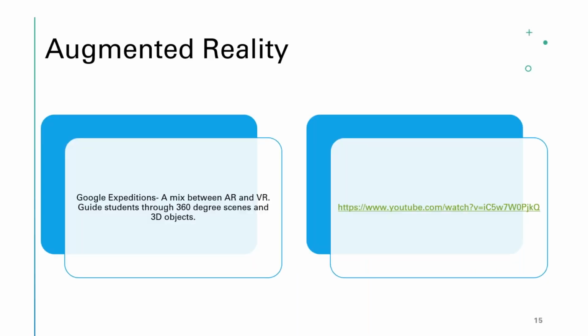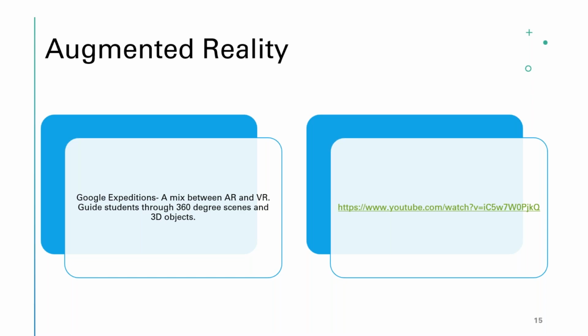Another tool that's available to us and that works with augmented reality is Google Expeditions. With Google Expeditions, it's a mix between augmented reality and virtual reality, and it guides the students through 360-degree scenes and 3D objects.